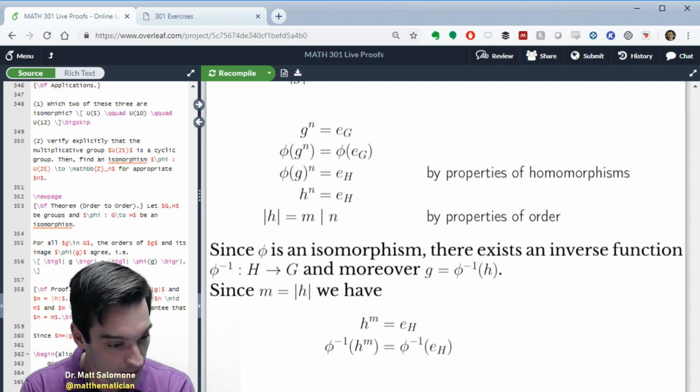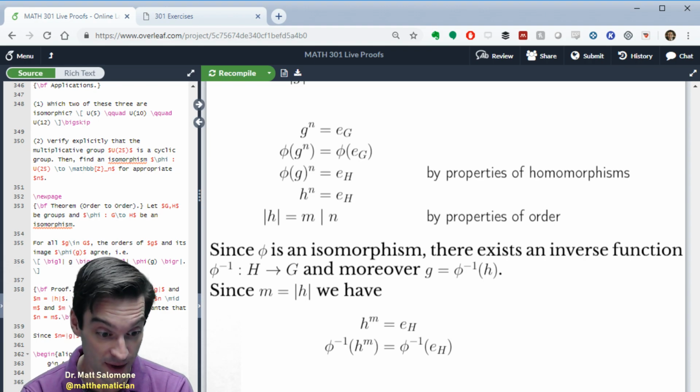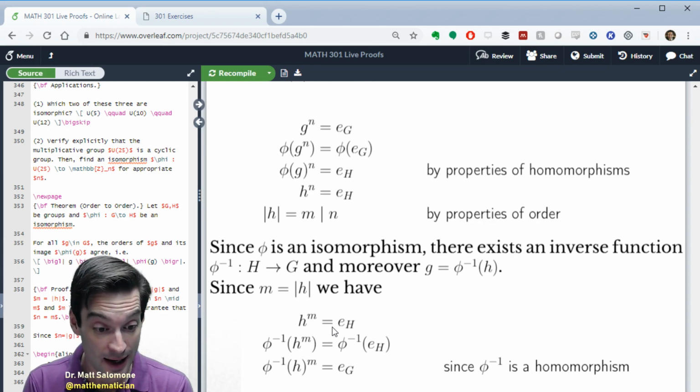Okay, but now is when the homomorphism property helps us again, right? Because phi inverse is a homomorphism, phi inverse of h to the power m is the mth power of phi inverse of h. And phi inverse of the identity element of H is the identity element of G. Since phi inverse is a homomorphism. Right? That's, again, this third line is the magic line here.